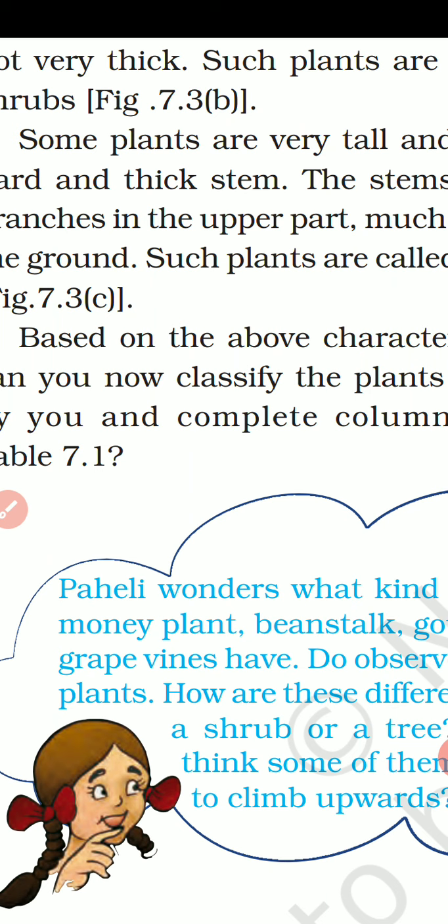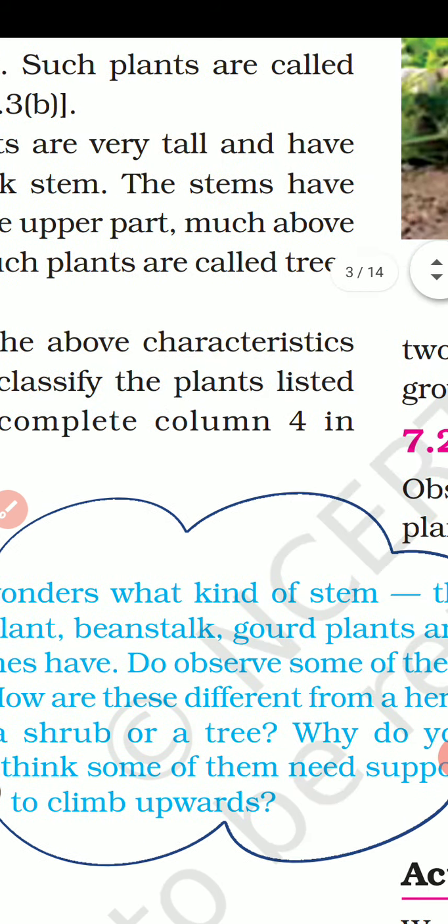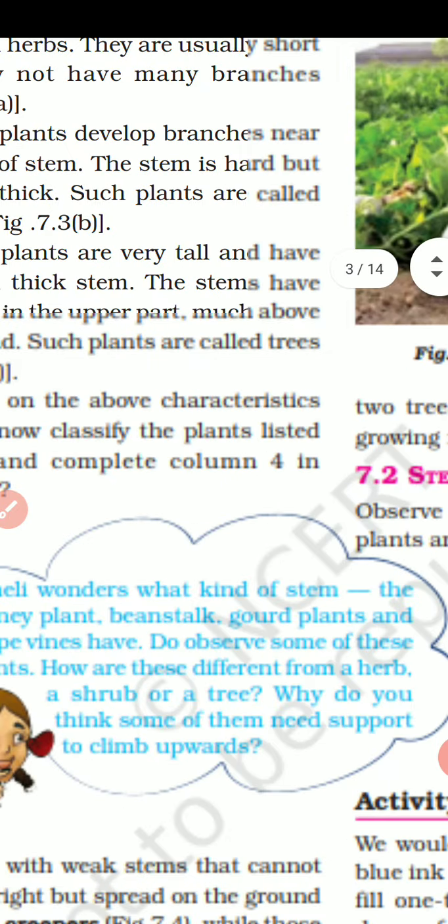So you have to check the plants also. Don't add any name of the fruits or vegetables whose plants can't be seen. You can check the plants and then you can very easily see whether it's a herb or a shrub or a tree. Okay, children, so this is not very difficult.